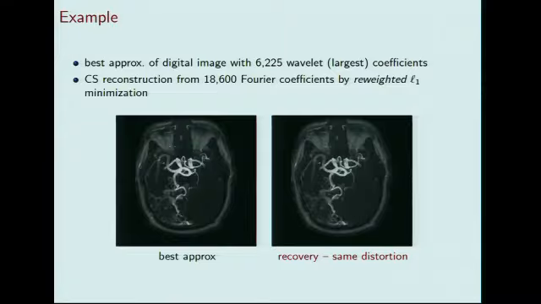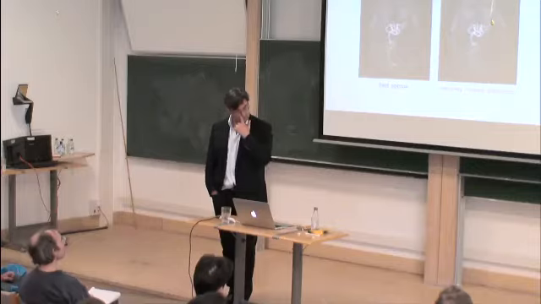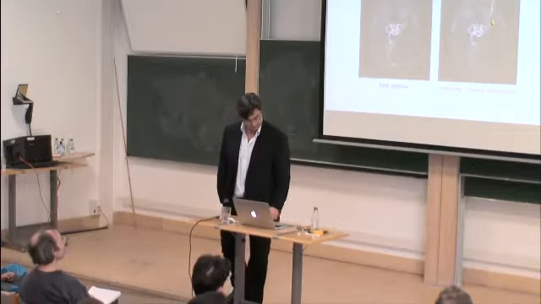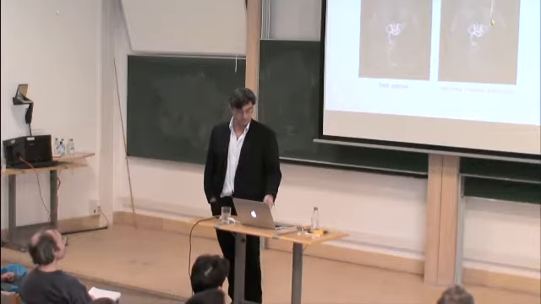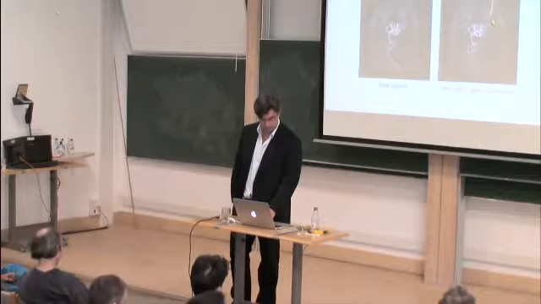And here's the recovery that you get by taking 18,000 coefficients and recovering by L1, or something a bit more complicated than L1 here, a weighted L1, and you get the same distortion. That is, the error of these two approaches is the same. So measuring everything and throwing away everything but the 6,000 largest coefficients, or taking directly 18,000 Fourier samples and then recovering by this kind of convex approach, will give you the same distortion. And that has been reported by lots of other researchers as well.